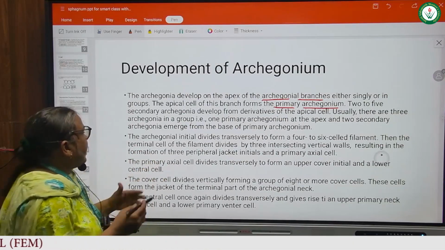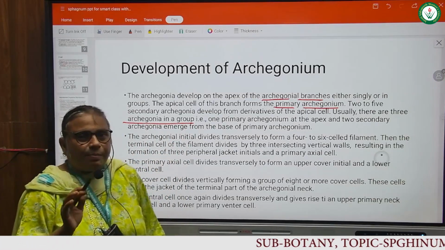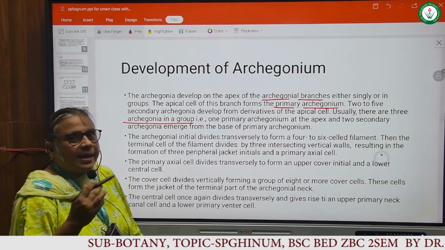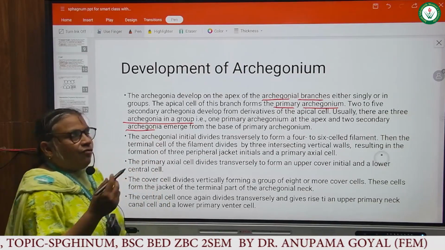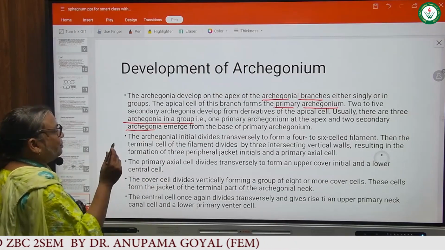There are 3 archegonia in a group, that is, one primary archegonium is at the apex and 2 secondary archegonia emerge from the base of the primary archegonium.